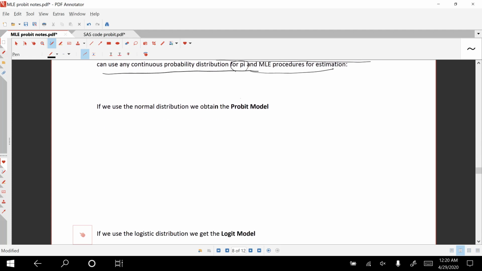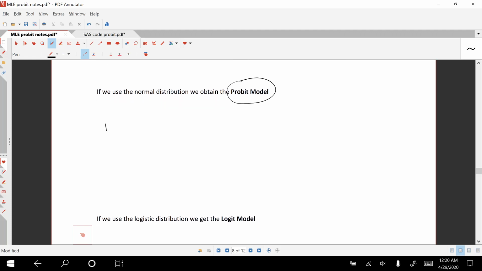So what happens with the Probit model? Basically, in the Probit model, we're assuming that pi, which remember is the probability that yi is equal to 1 conditional on xi, is given by the standard normal cumulative density function, which is more complicated if we write it this way.